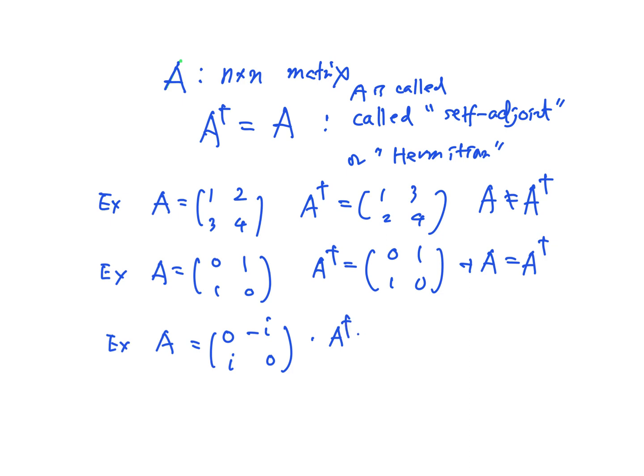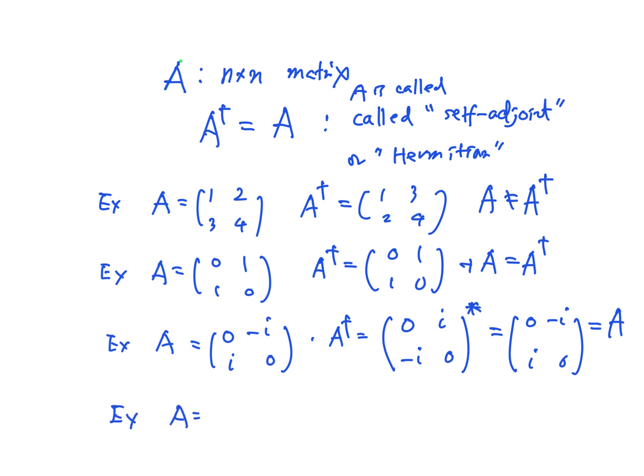What is the adjoint? You take a transpose and complex conjugate. So you take the transpose, (0, i; minus i, 0), and you take the complex conjugate: (0, minus i; i, 0), again A. So this particular example is Hermitian. And A equal to (1, 0; 0, minus 1) is obviously Hermitian, right?